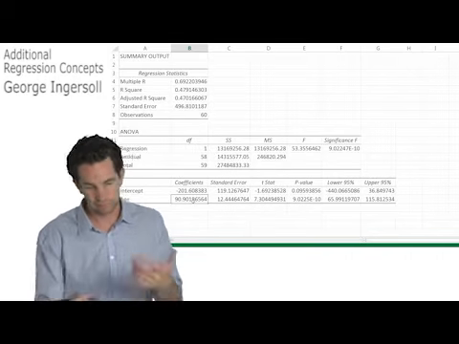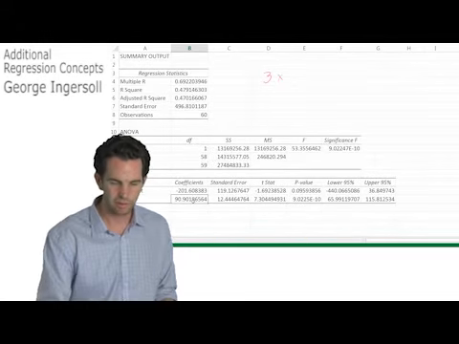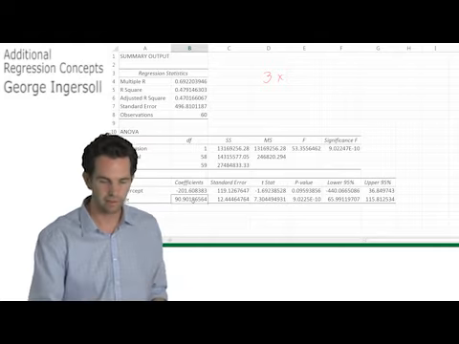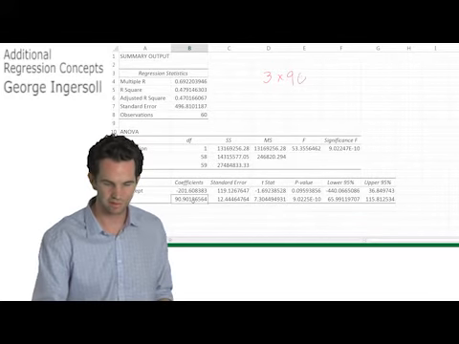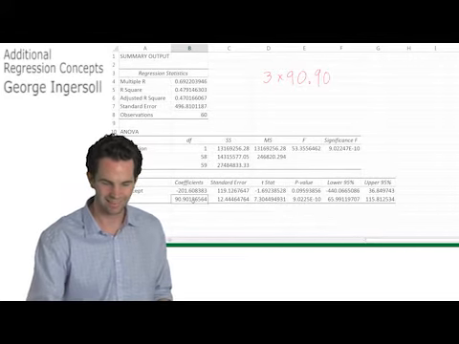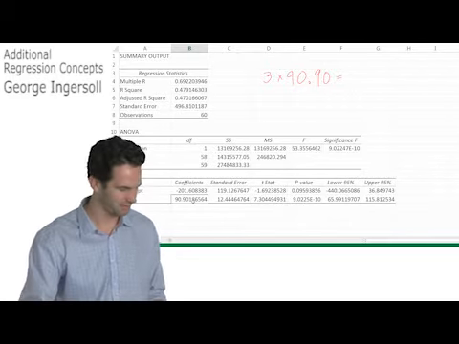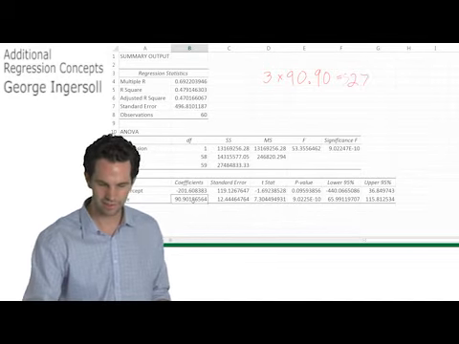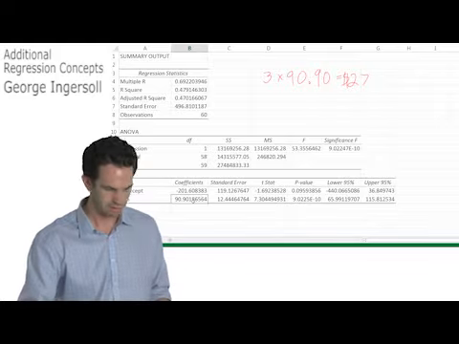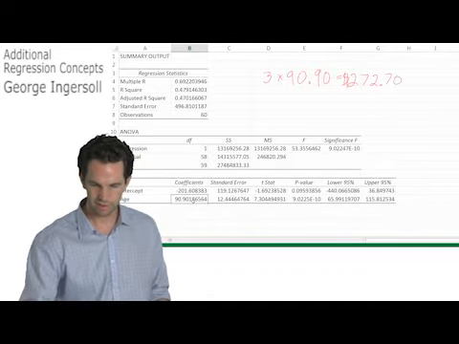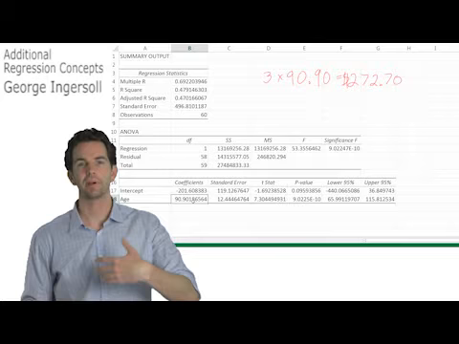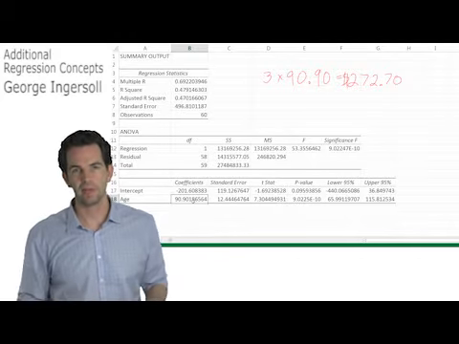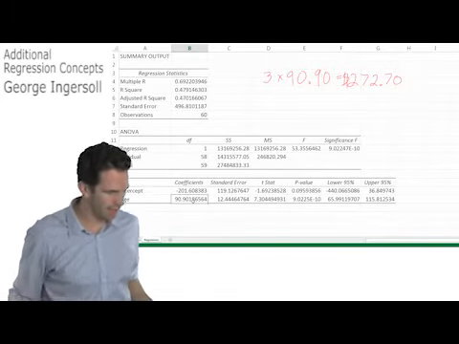So 3 years from now, this is pretty obvious, we would expect the repair bill to go up by 3 times 90.90, leading to $272.70. That would be the amount we would expect the repair bill to go up 3 years from now if I'm still driving around the same car.